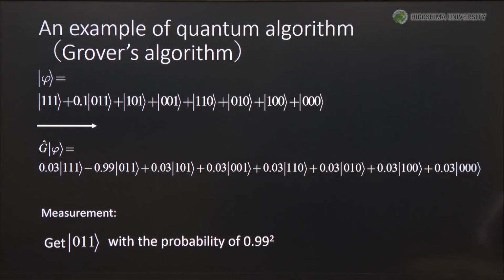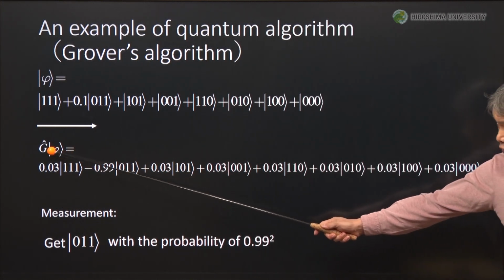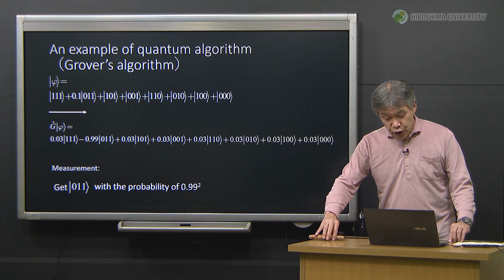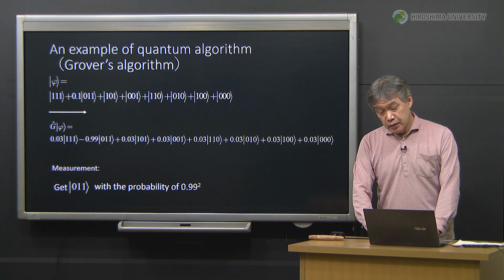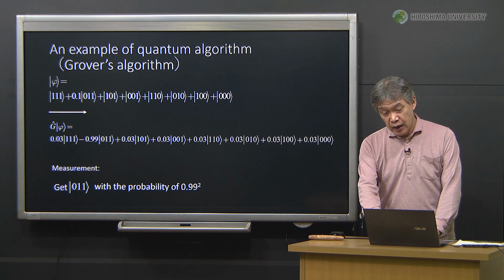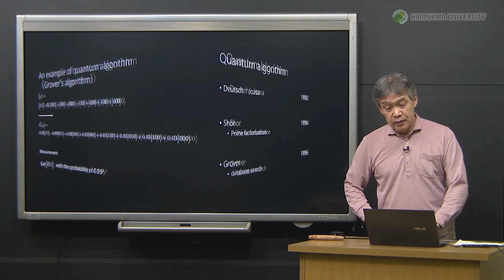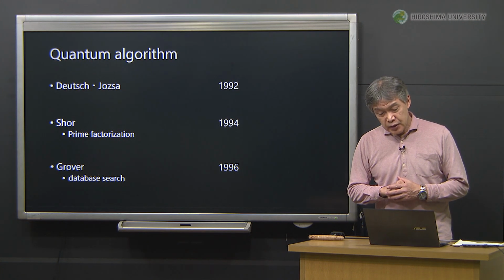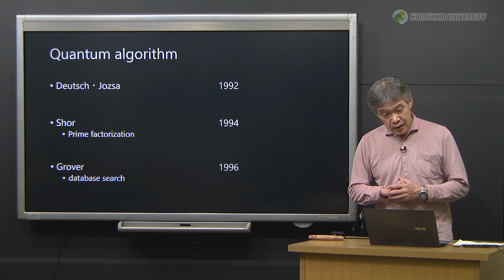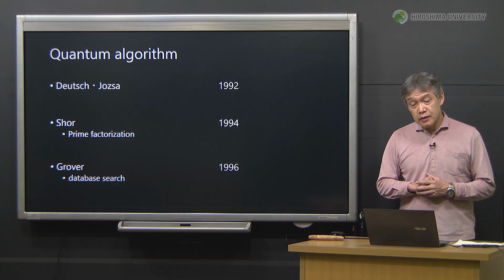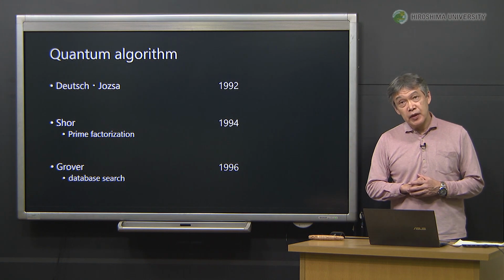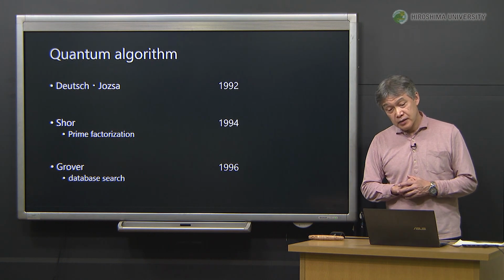This is an example of Grover's algorithm. What Grover did was that he really found the inside of the so-called G operation. But still, it is not clear why a quantum algorithm is so clever. This is the reason why it is frustrating. As I said, quantum physics was developed in the 1920s or 30s.